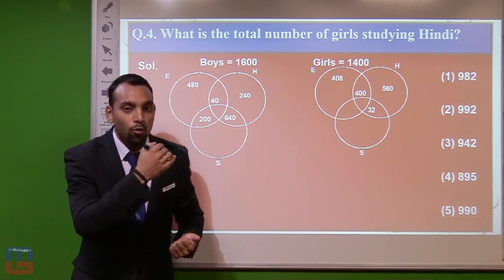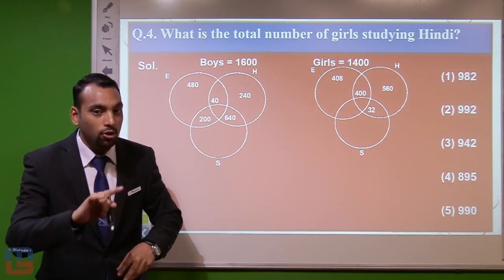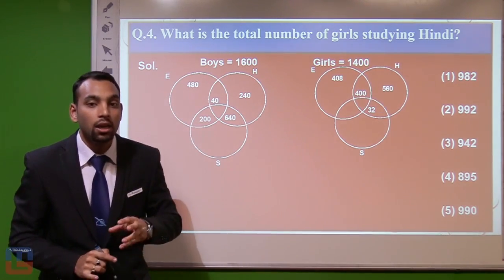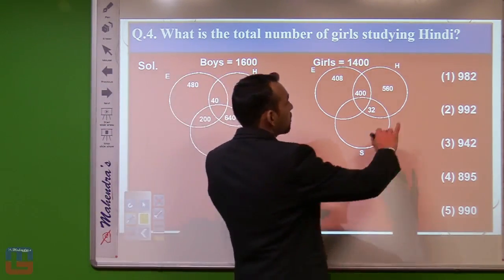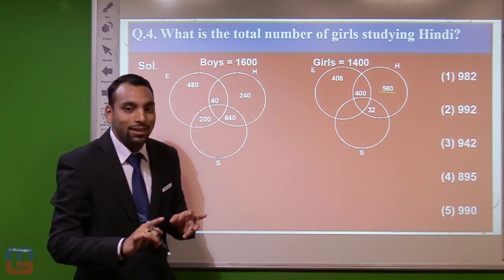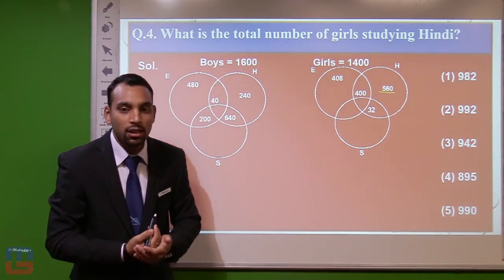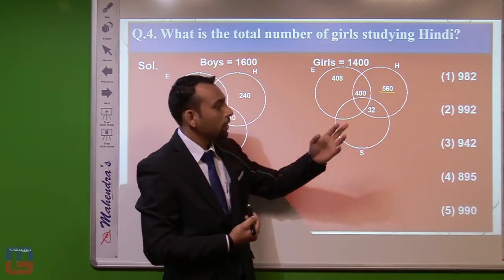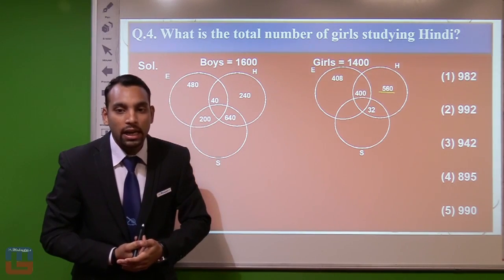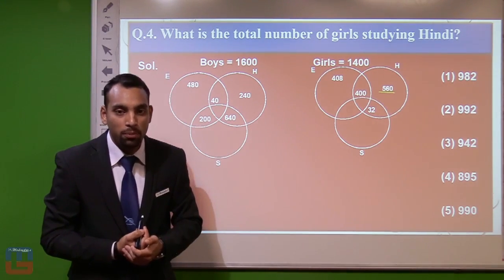We are talking about the girls studying Hindi, which means this is 560, right? And this is 400, how much? 960, and this is 32, which means 992. You can see here the second option will be correct.